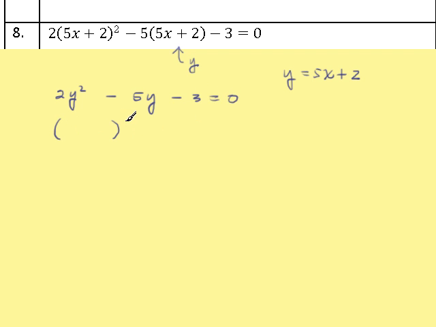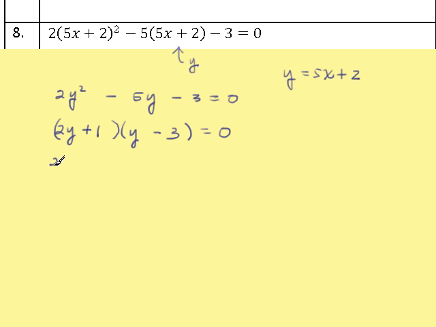All right, this factors, hopefully. So here we have 2y, and we'll do minus 3 and plus 1. Check that we get minus 5y in the middle. Here we have a minus 6y plus y, and that gives us that minus 5y.